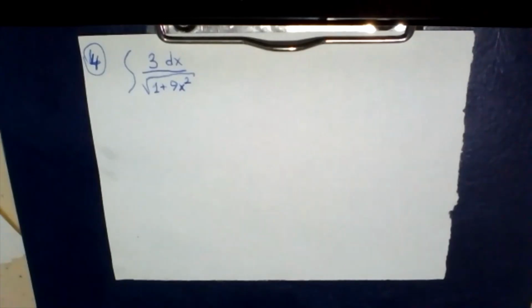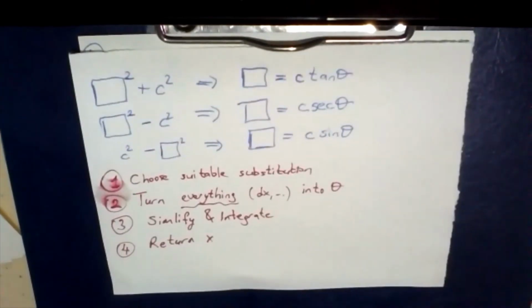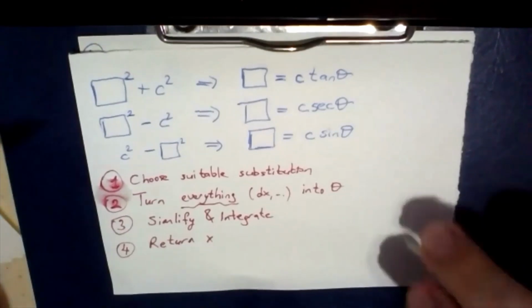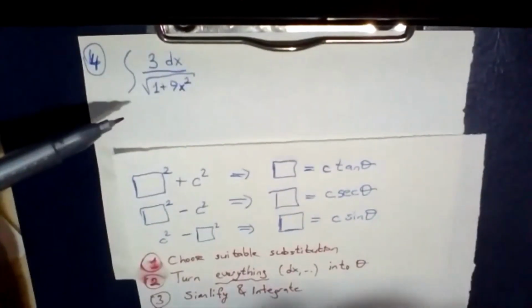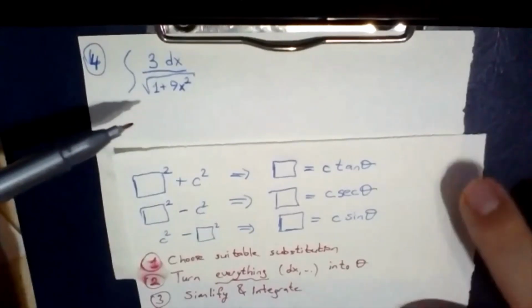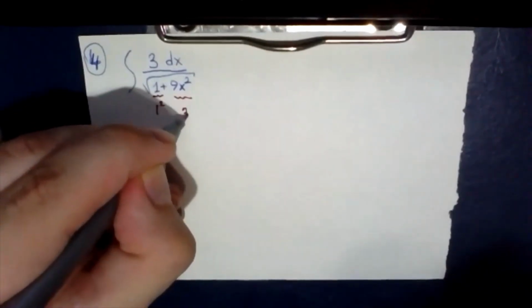First, we choose a suitable substitution and we decide which substitution is better. In the denominator, we have 1 plus 9x squared. 1 is the square of 1. And 9x squared is the square of 3x.